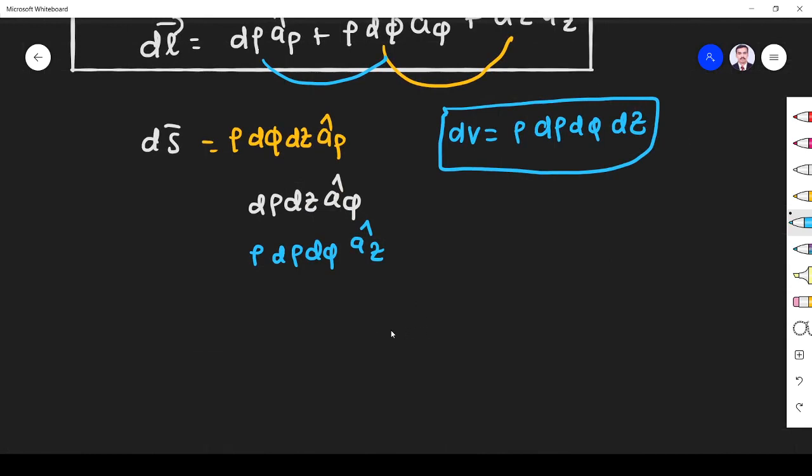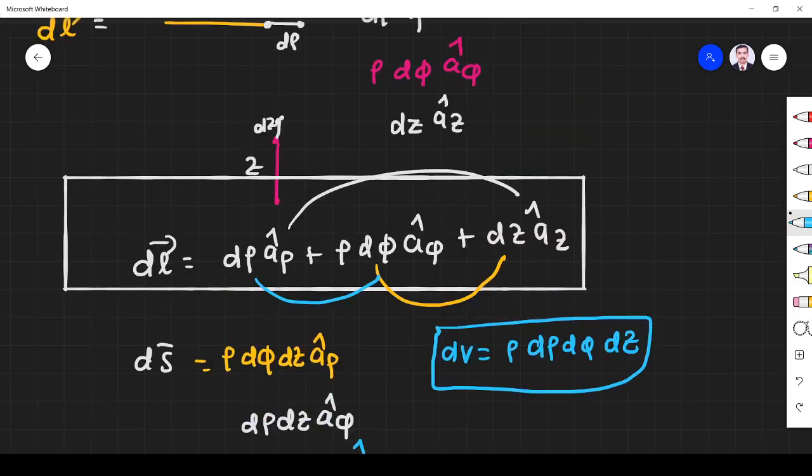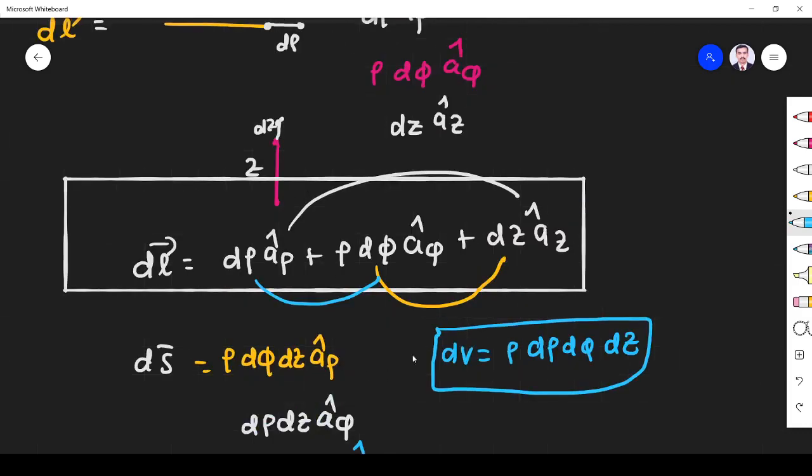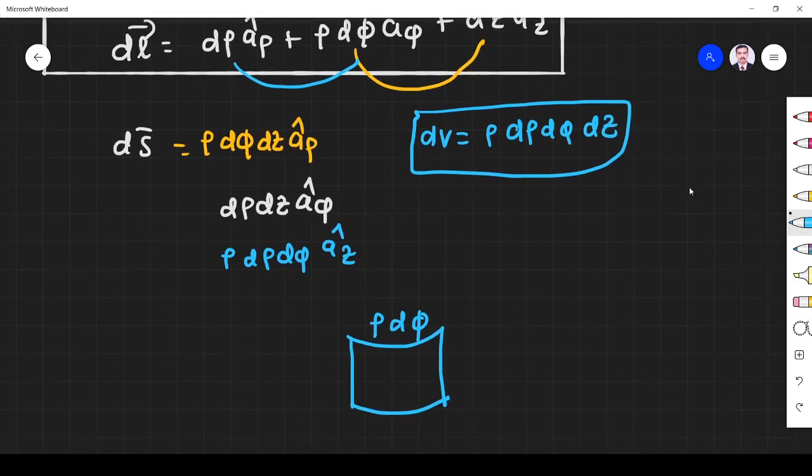If you want one example of how to find a differential surface in one particular area, let us take this. Okay, this will be better. I explain this. What is that? It is rho d phi. We know the change in the phi direction is rho d phi, and dz is the dz height. In which direction is this differential change looking?